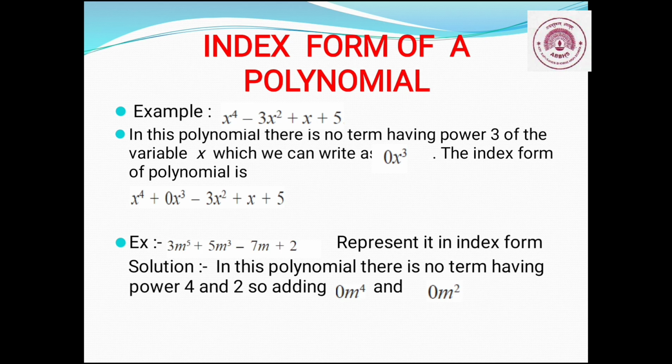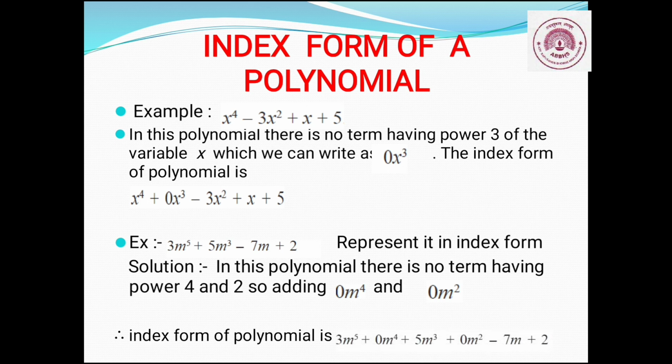Therefore, the index form of the given polynomial is 3m raised to power 5 plus 0m raised to power 4 plus 5m cube plus 0m square minus 7m plus 2.